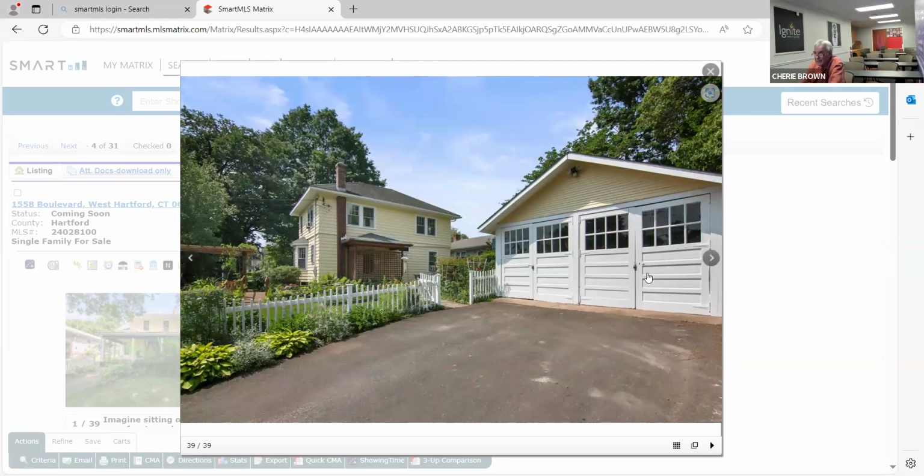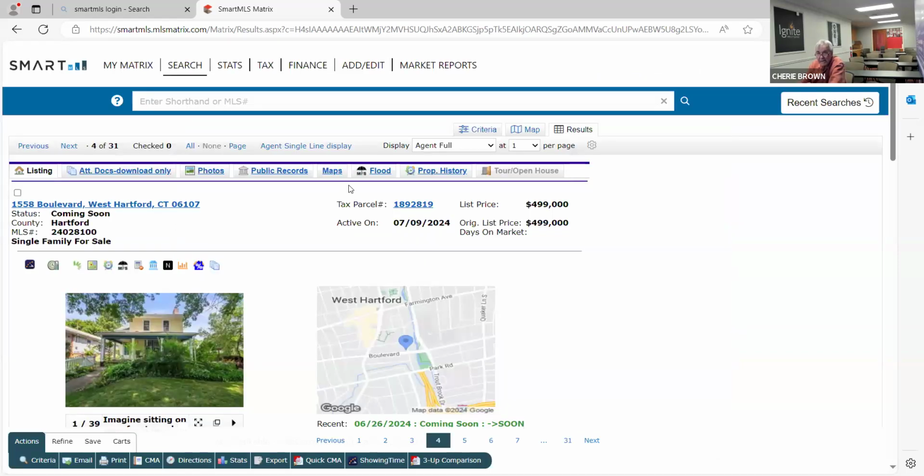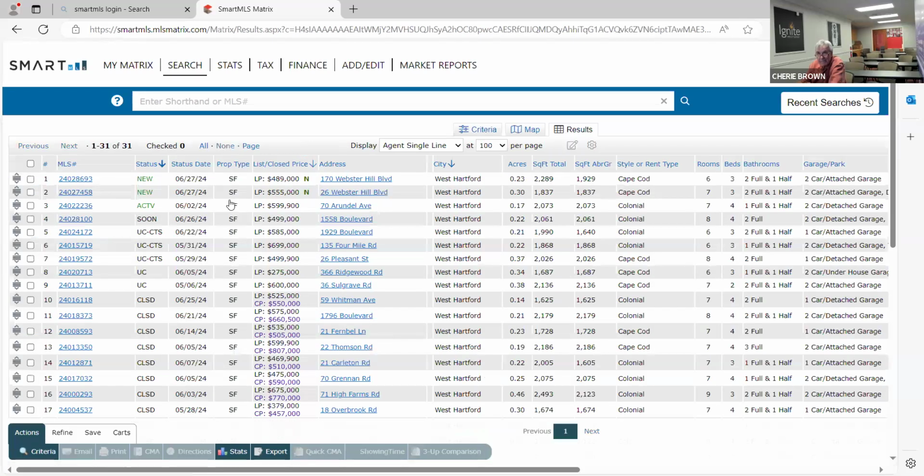Your older garage type bay. I don't know, I'd probably show them this one. I don't want to overdo it, but between new and coming soon, we got 4 properties, basically from 500,000 to 600,000, and all very similar size.